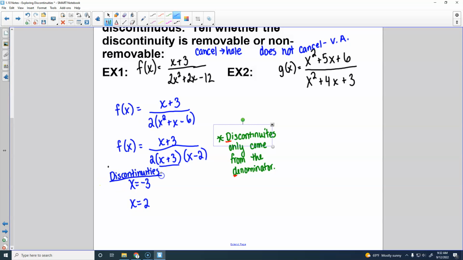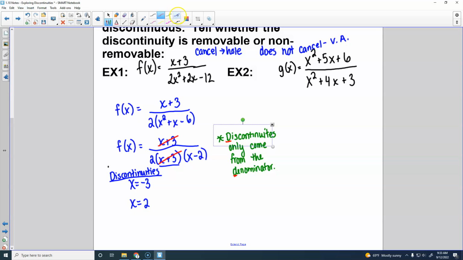I have discontinuities at x equals negative 3 and x equals 2. I know that because when I factor, that's what's going to give me 0 in the denominator. But then I do care about the numerator to see if anything cancels. Does anything cancel here? X plus 3 will, right?